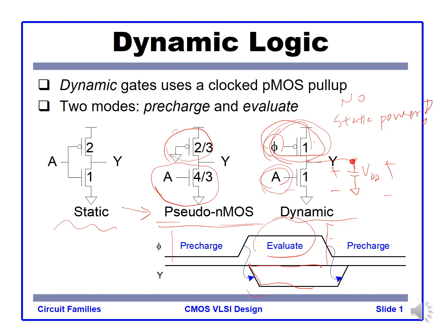The output load has a floating state, so we hold the value onto the parasitic capacitance. But for the other two cases, static logic and pseudo MOS, there is no case of having the output load just floating. So we are using this floating output load capacitance condition to make the evaluation faster.